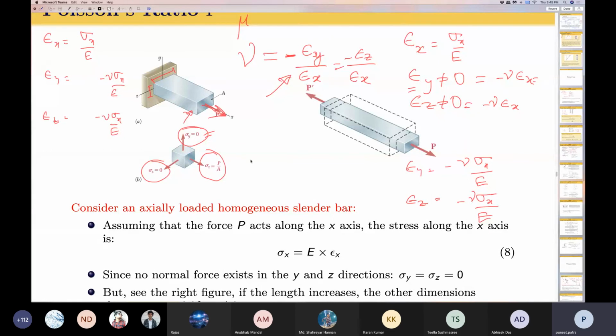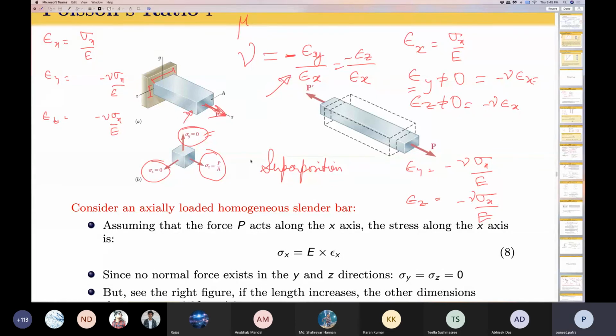Now when I add the effect of sigma y, I use the principle of superposition, because everything in my problem is linear. Remember, we are only focusing upon the linear region of the stress strain curve. We are not going into the non-linear region. So I can superpose the quantities.